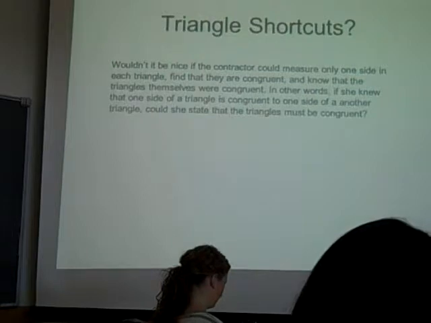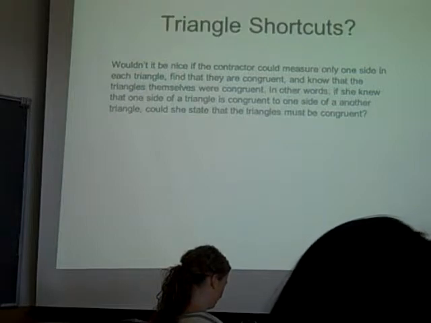Triangle shortcuts. Wouldn't it be nice if the contractor could measure only one side in each triangle and find they're congruent, and know that the triangles themselves were congruent? In other words, if she knew that one side of this triangle is congruent to one side of another triangle, could she then state that the triangles must be congruent? You're shaking your head. Do you have a counterexample?